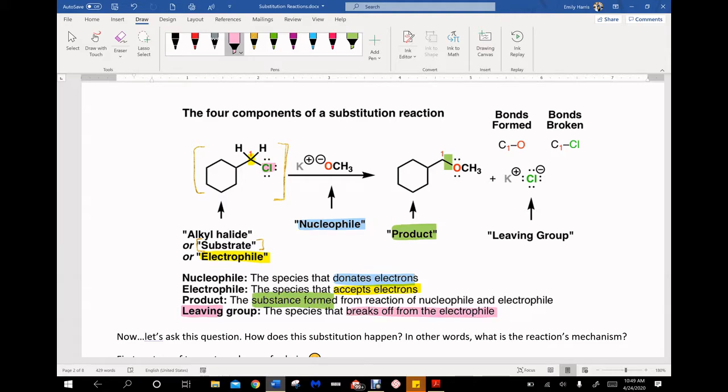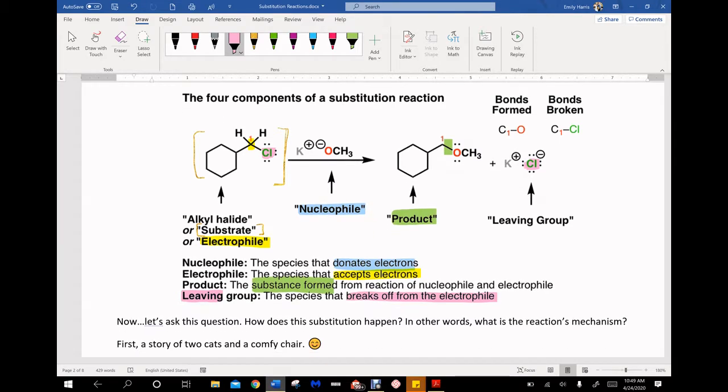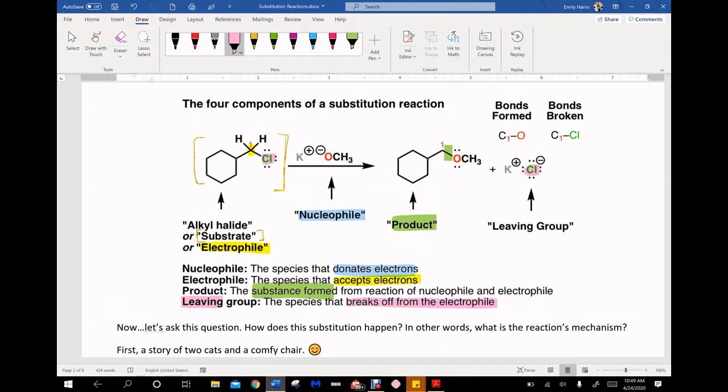So here, that's going to be the chlorine, because it's going to leave the original substrate or electrophile, and then be paired up with another ion on the product side. Okay? And so there are these four components that you'll see consistently throughout a substitution reaction: nucleophile, electrophile, product, leaving group.